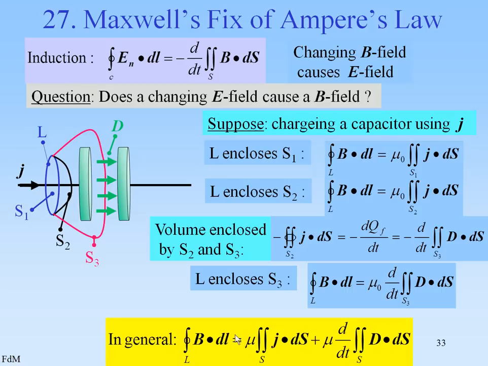And in general we have the path integral of B dL has a term taking care of all the current flowing through S, and a term taking care of the changes in the electric displacement present in the field. And this is the fix Maxwell had for Ampere's law, and it will be used in the electromagnetic waves. And this is the end of the presentation.